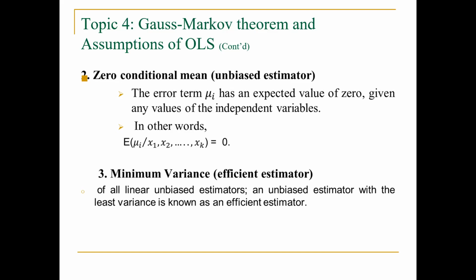So the one with 50 is having a minimum value, and therefore it doesn't vary a lot compared to the one with 100. So in that case, our OLS value which gives us 50 is having a minimum variance, and therefore it is a more efficient estimate. In other words, it is capturing closely what the population mean is giving.